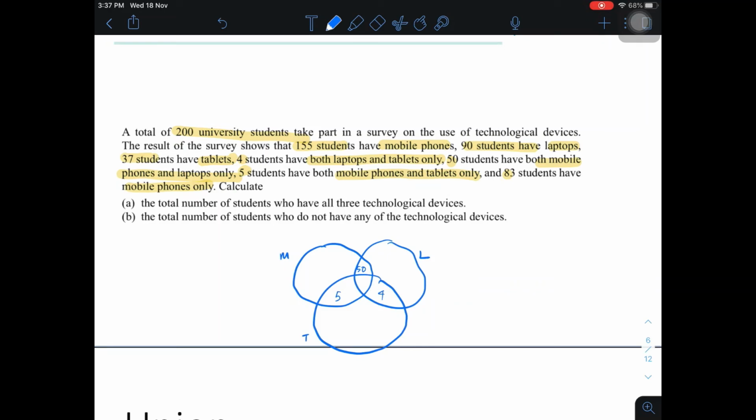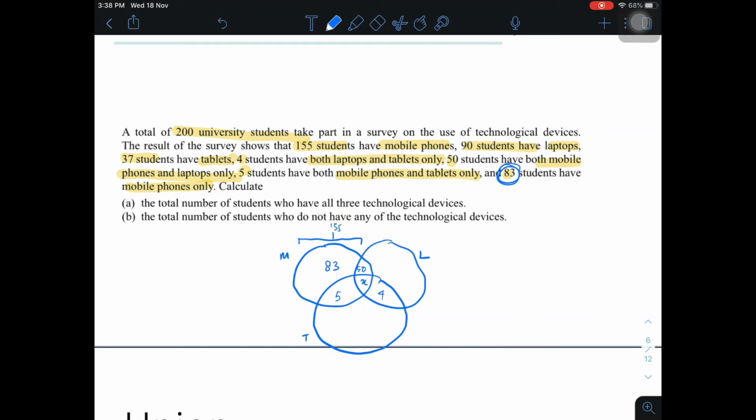So if we subtract 155 together with 50 and 5 and x, what we get is 83. Right? Because this is the number they gave. So 83 is here, and we understand that the total number of people that have mobile phone is 155.